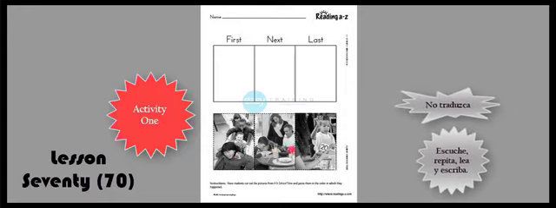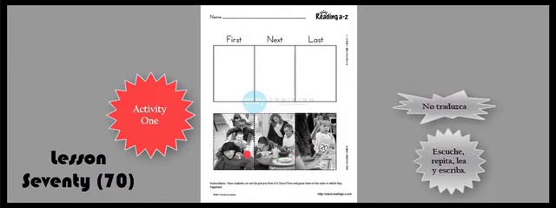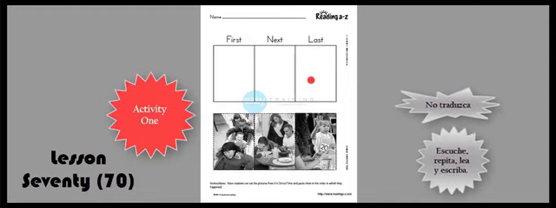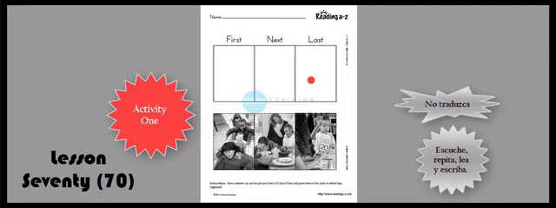There are 3 pictures you can see, and it is necessary that you put these 3 pictures in the correct order in which they happen in the story. So the question is, which picture comes first, which picture comes next, and which picture comes last? Yeah, look at the pictures and you do it.